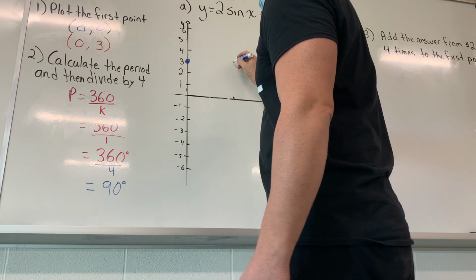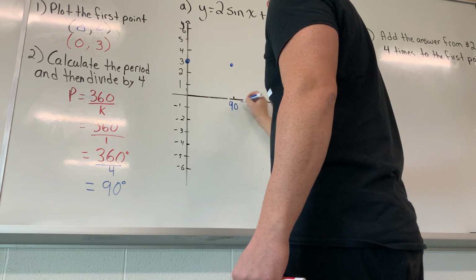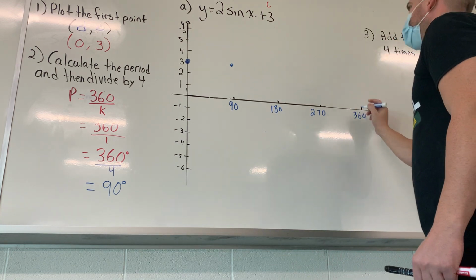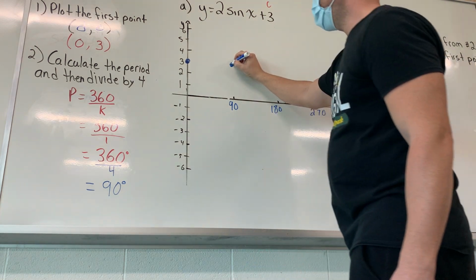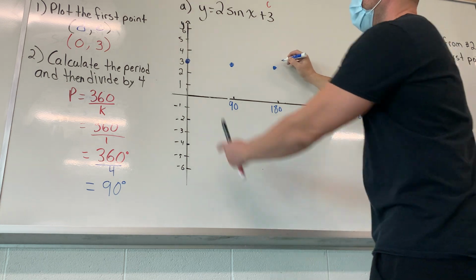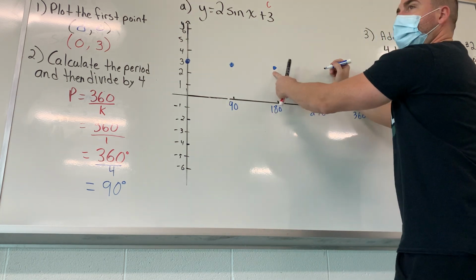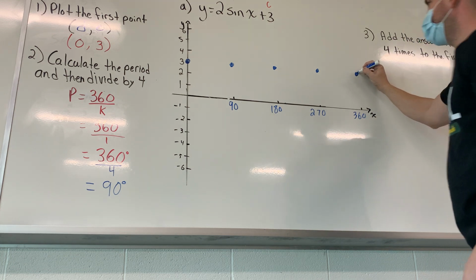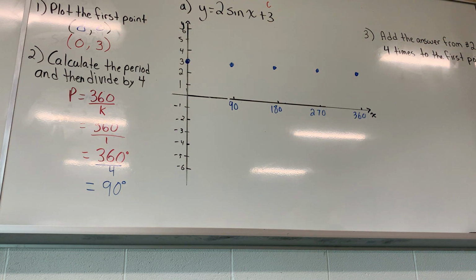So I'm gonna have a point at 90, 180, 270, and 360. So by step 3, you should have 5 points.